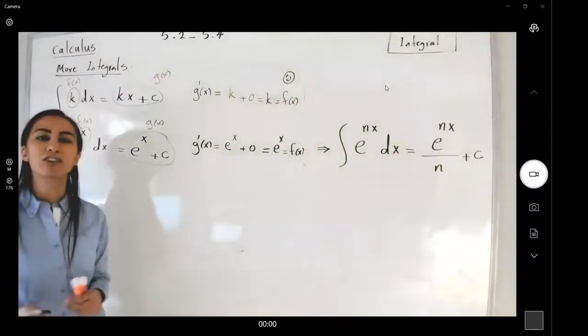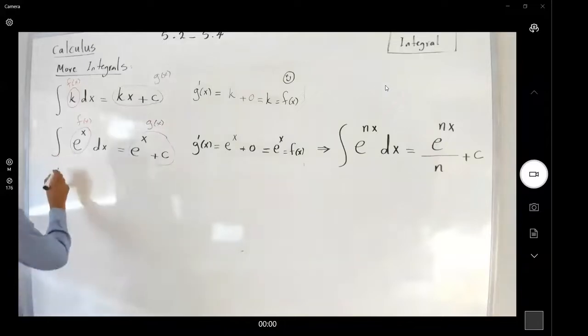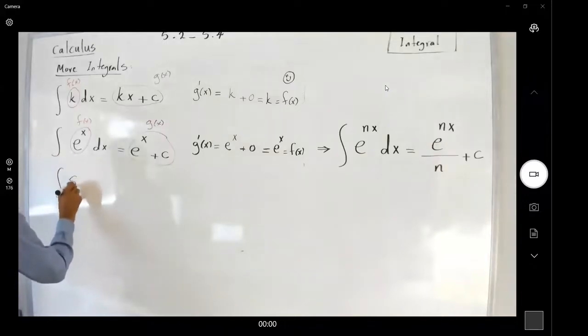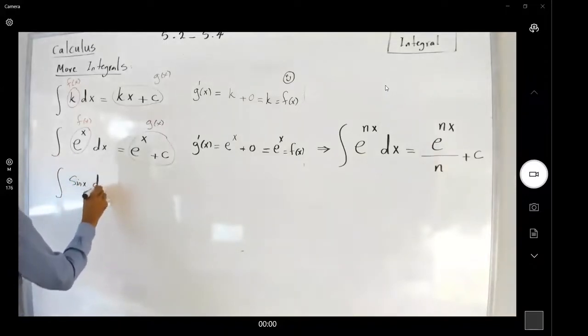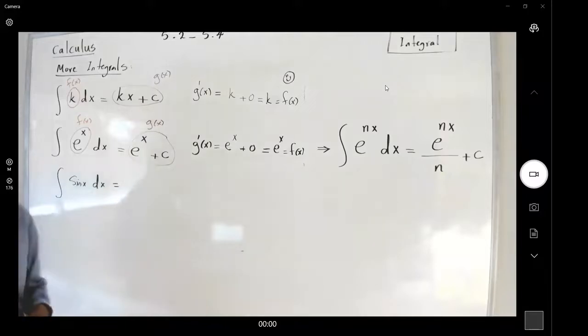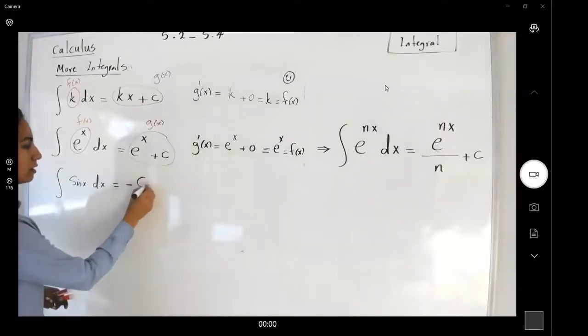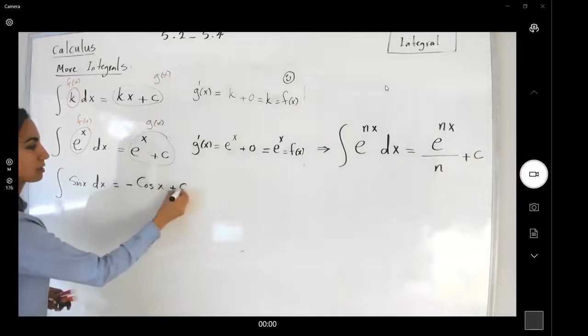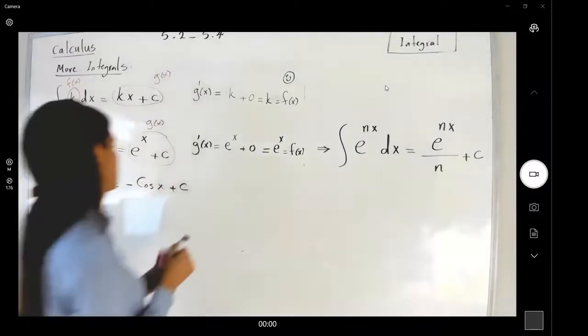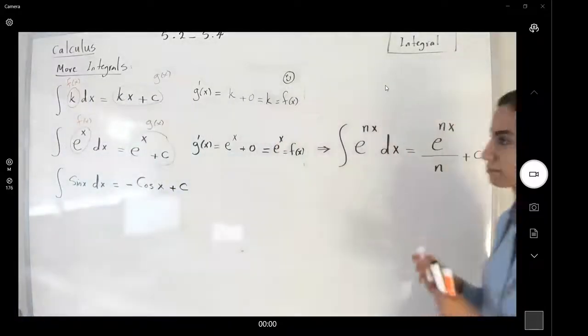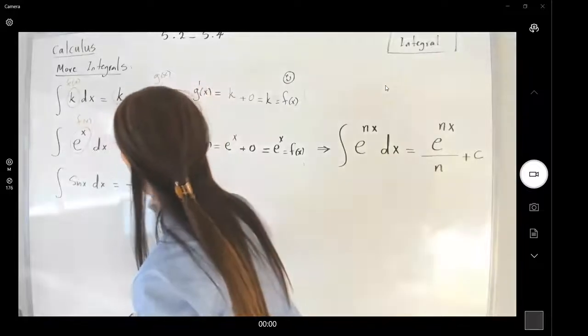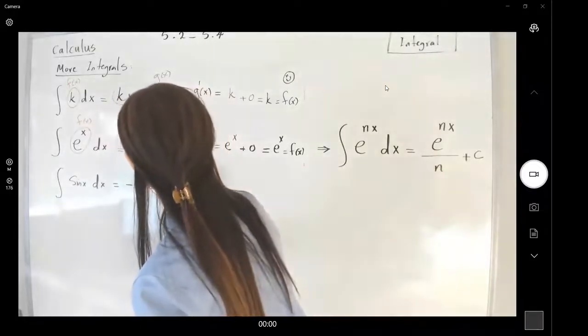What about trig functions? The integral of sine x dx is equal to negative cosine x plus the constant of integration. Again, we can verify that.